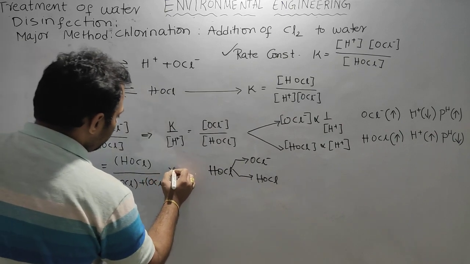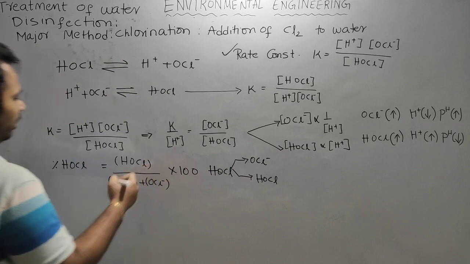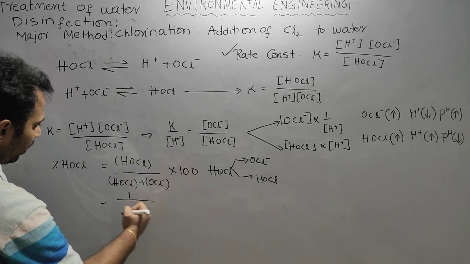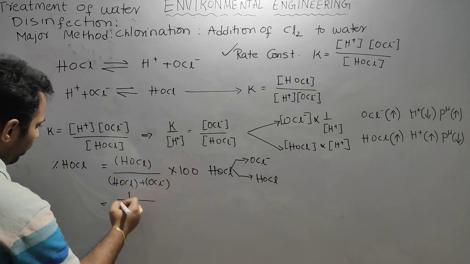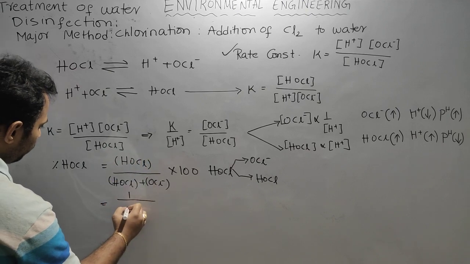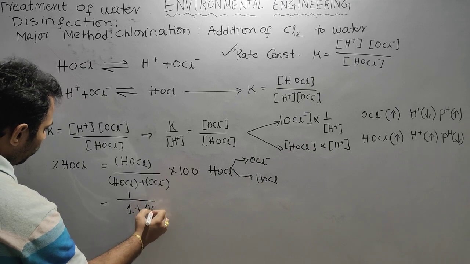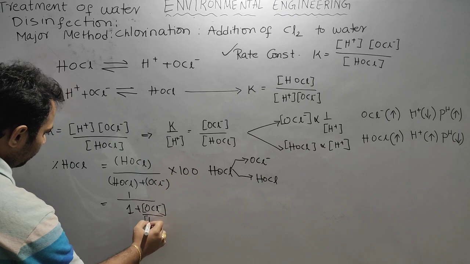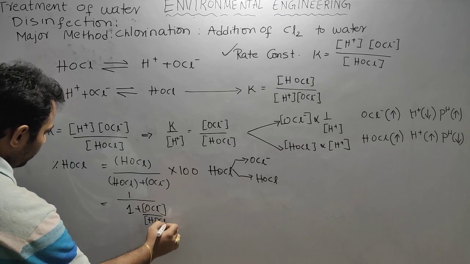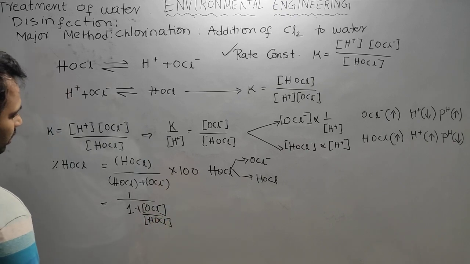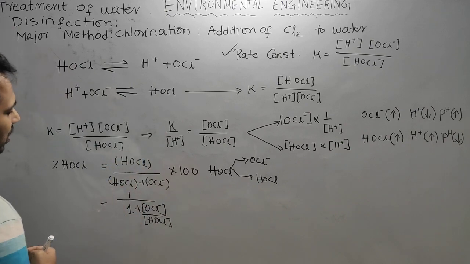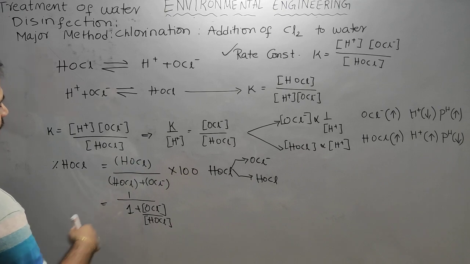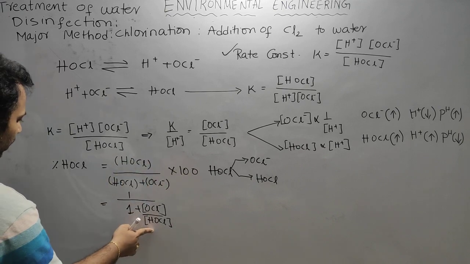Okay, now this can be written like this: 1 by, I am bringing HOCl to the denominator, so 1 by HOCl by HOCl, that is 1, plus OCl minus by HOCl. If I bring this HOCl into the denominator, this HOCl and this HOCl will get cancelled, and OCl minus by HOCl will be left over.